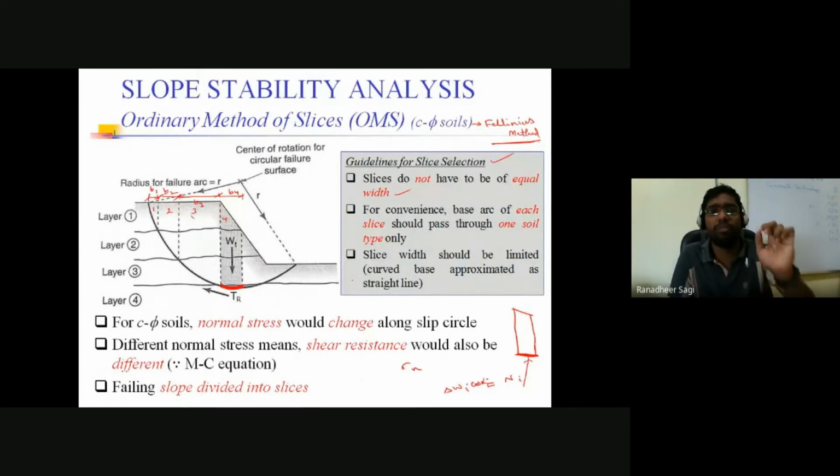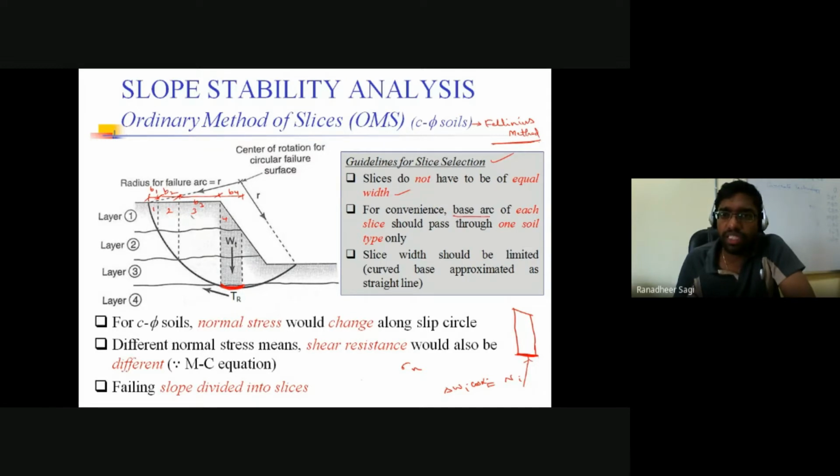So B1, B2, B3, B4, the width of each slice I have represented, may be the same, or may not be the same. So the condition is that slices do not have to be of equal width. When you are dividing the slices, all the slices need not have the same width. But if they have the same width, no problem. In case you cannot divide it into the same width to satisfy some other conditions, then also no issue. You can still analyze.